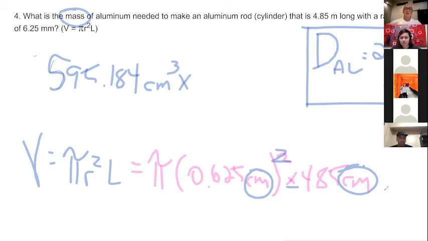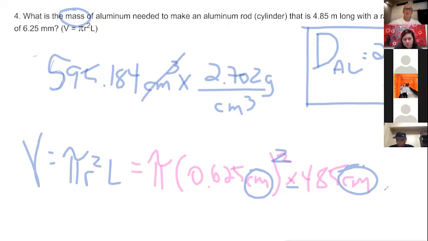So we just plug in our density, and it is 2.702 grams per centimeters cubed. So our centimeters cubed cancel out, and we're left with grams. That's a unit of mass, so we're good to go. So what's our final answer?